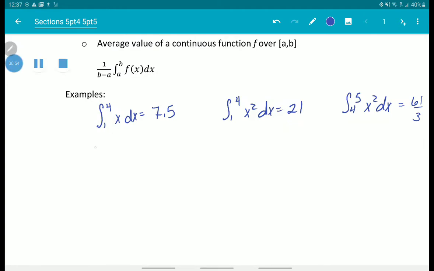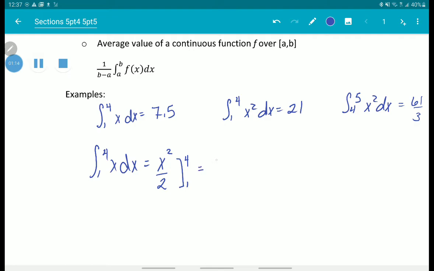Now, when I integrate x, the rules are still the same. You add 1 to the exponent, you divide by the new exponent. But now we don't have to worry about the c, and I'll explain why in just a minute. So we're going to go from 1 to 4.